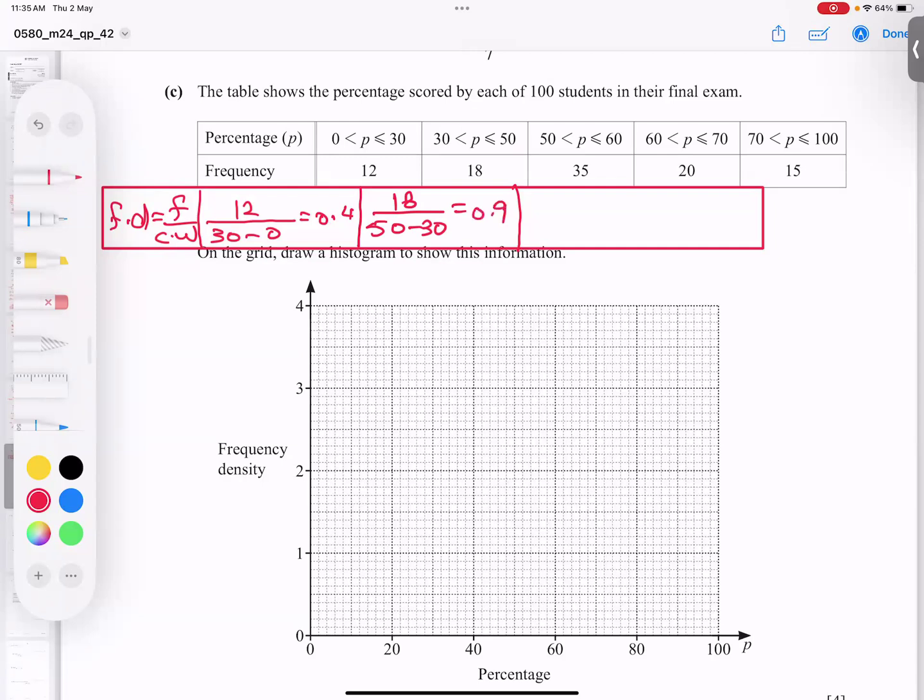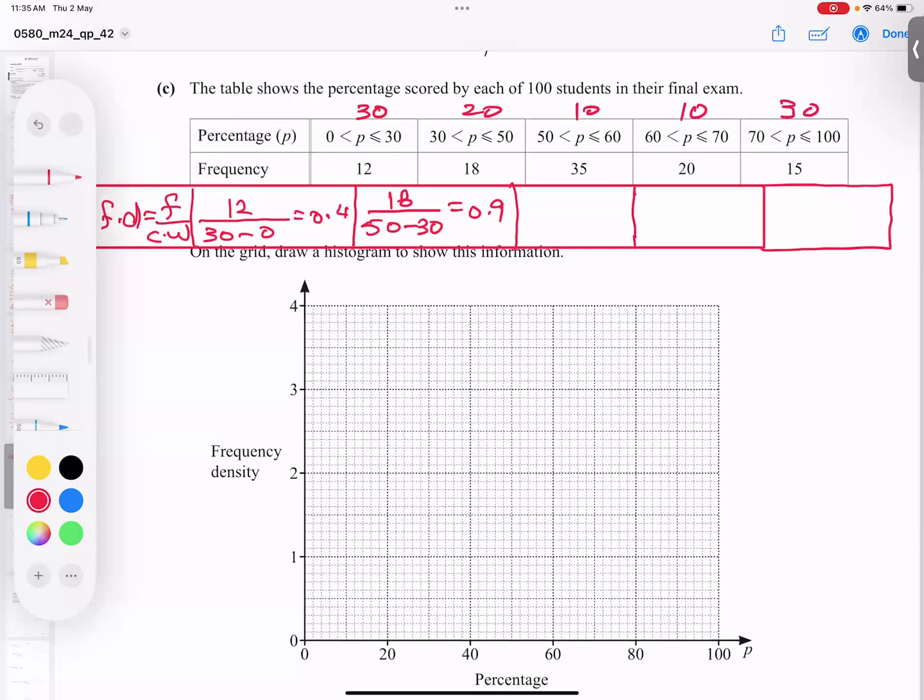For the next column, student, I'm finding it directly because I think you understood the point. I'm writing 35 in the numerator, divided by 10, because 60 minus 50 is 10. For the sake of understanding, I'm writing the differences: 50 minus 30 is 20, and 60 minus 50 is 10, and this difference is becoming 30.